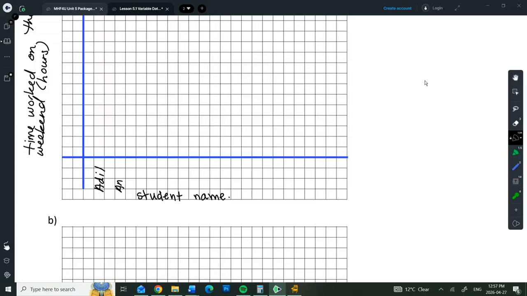So we'll have Adel, Anya, Ellen, Aaron. Glad all these names are short. Layla, Mason, and Petra.